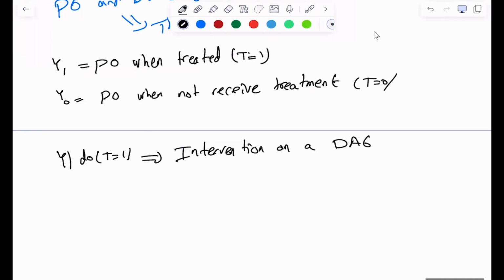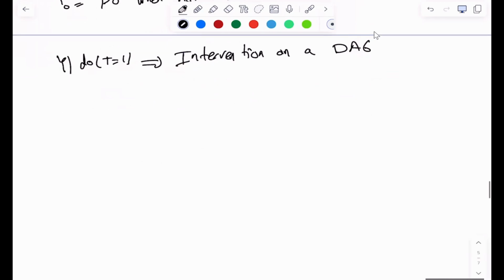All right. So now, today we want to connect them together. It turns out that potential outcome Y subscript 1, when you receive a treatment, is nothing but Y given do T equal to 1. That's it. And Y subscript 0 is nothing but Y given do T equal to 0.